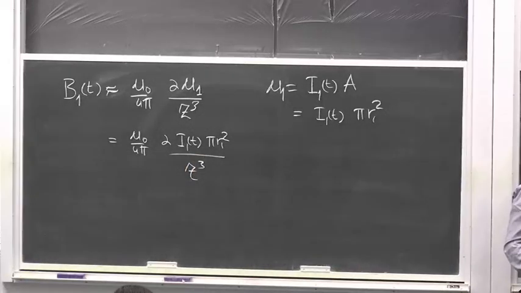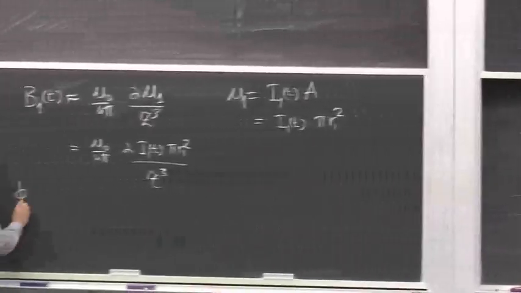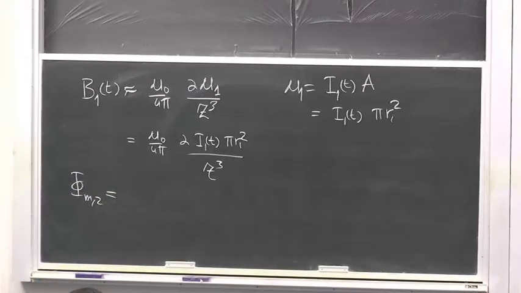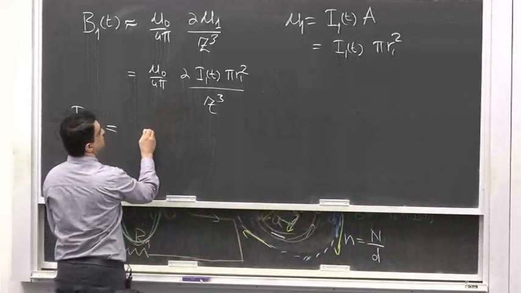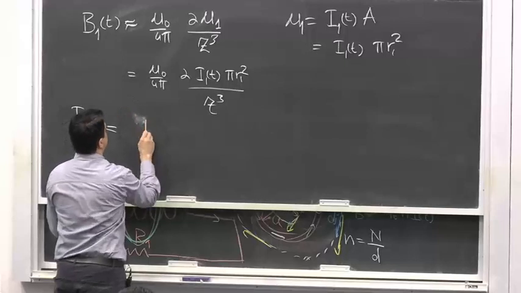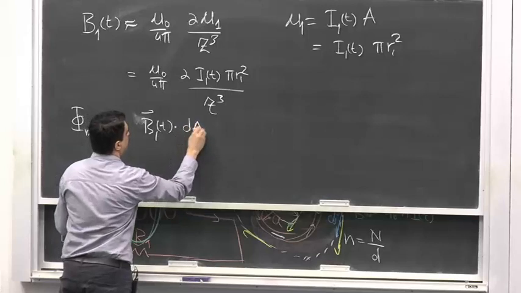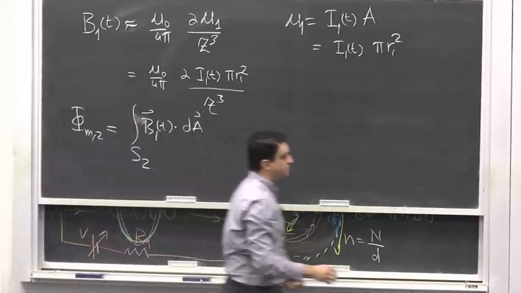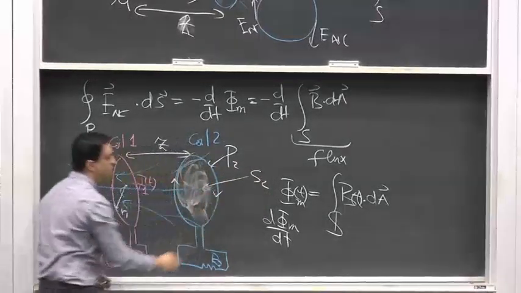We are assuming that this magnetic field is not changing across this coil. That's the assumption we are making. So what would be the total magnetic flux through the second coil due to the magnetic field produced by the first coil? This would be equal to the B field, B1 of t, dotted with dA over the surface S2, where the surface S2 is the surface enclosed by the loop.